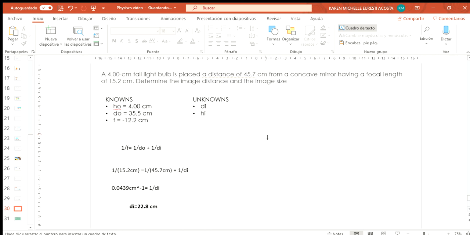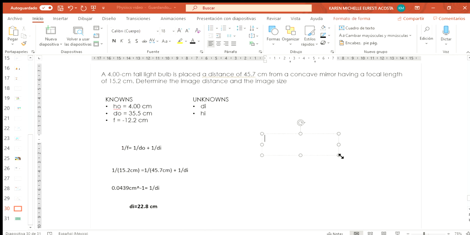Then on the other equation, we have the height equal to minus di over d0.